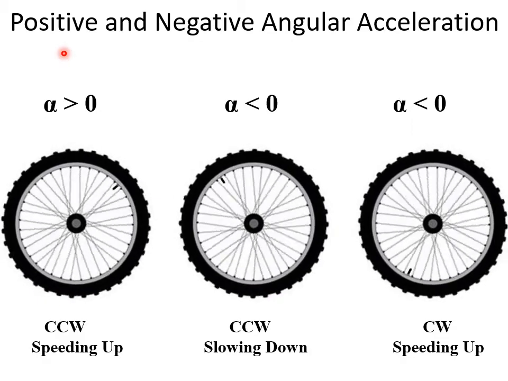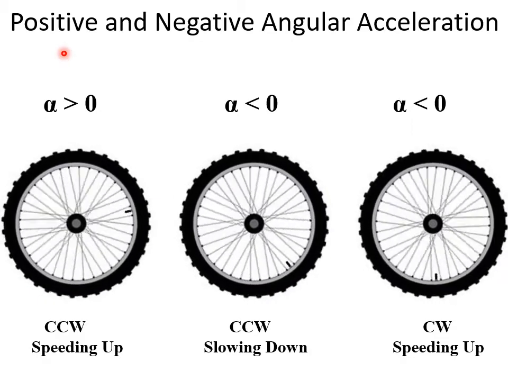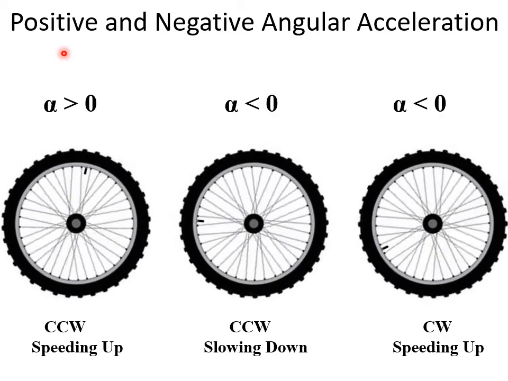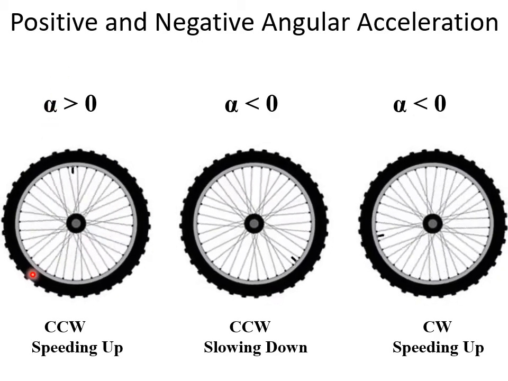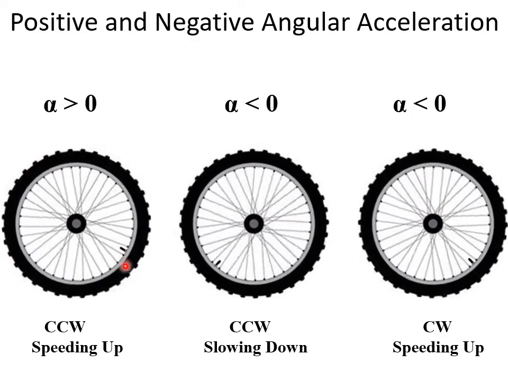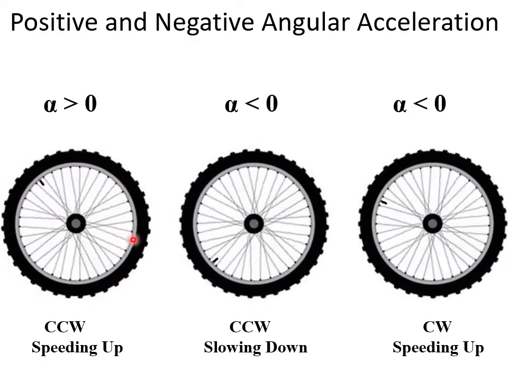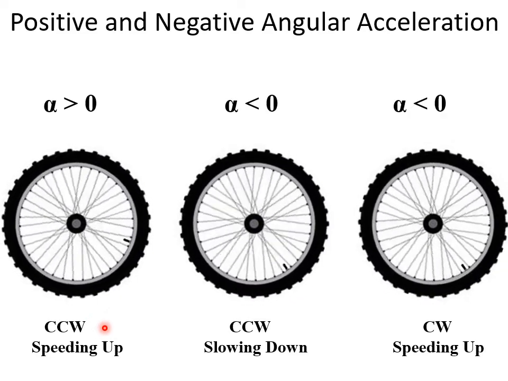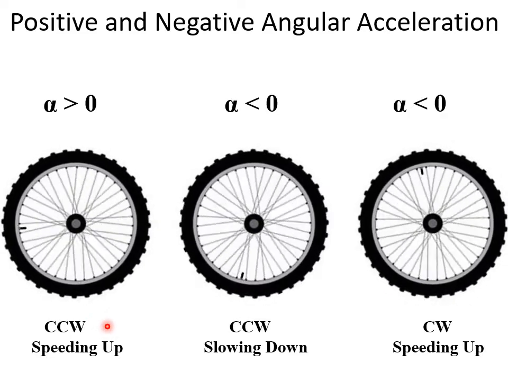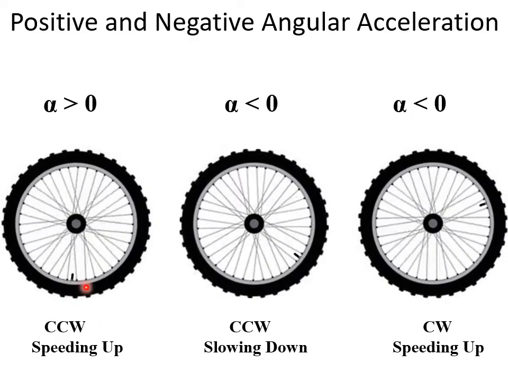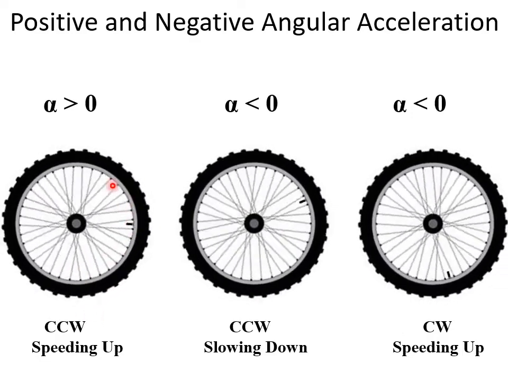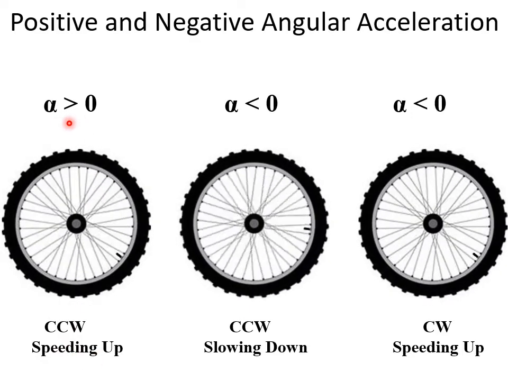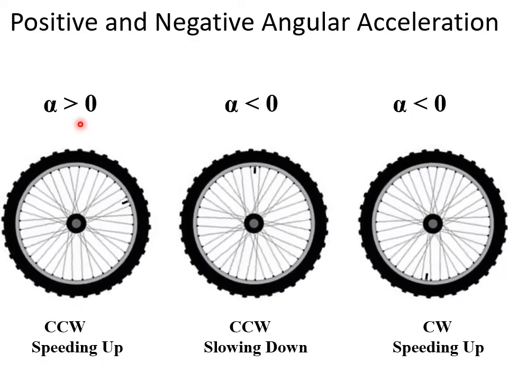So angular acceleration, alpha, can be positive or negative, just like regular acceleration could be positive or negative. In the case that we just saw, where we had the wheel spinning counterclockwise, remember that counterclockwise is our positive direction because the angle theta is increasing with time. So if an object like this wheel is going in the counterclockwise direction and it's speeding up, that means the alpha value is positive.